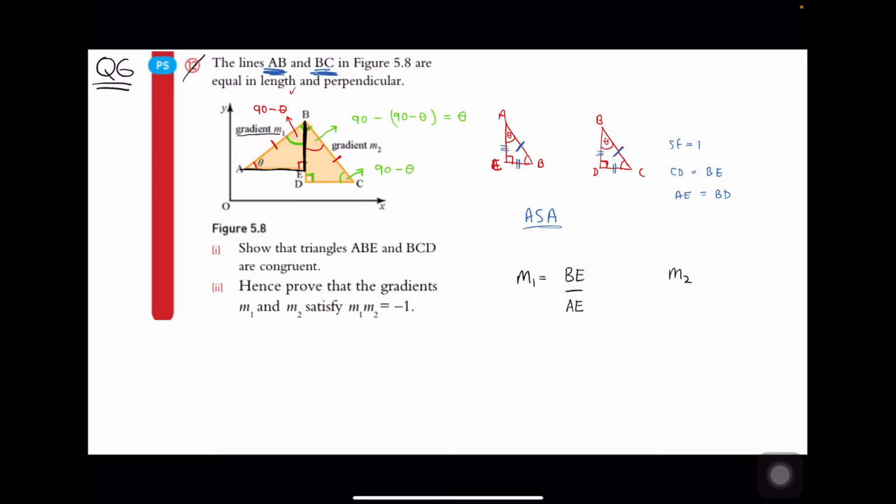M2 is, negative, because of course it's a negative gradient, negative BD over CD.